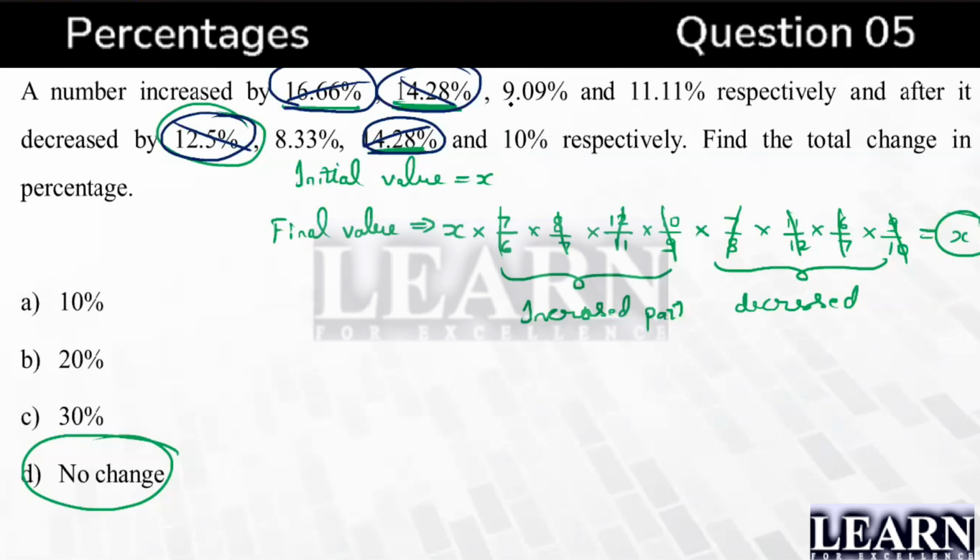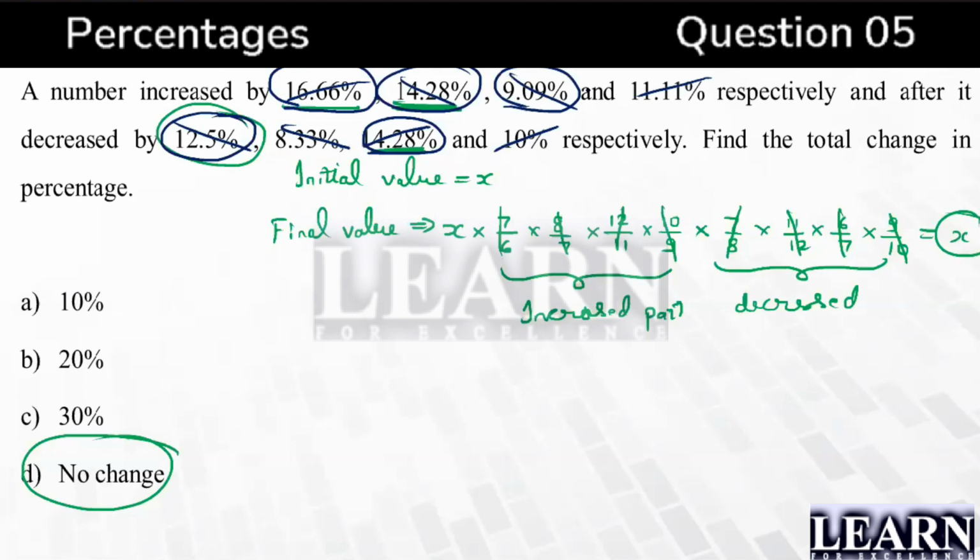If there is an increase of 1 by 11, there is a decrease of 1 by 12. I can cancel this and this. Similarly, if there is an increase of 1 by 9, there should be a decrease of 1 by 10. I can cancel this and this. Nothing is left out. There is no increase and no decrease at all. So the answer is 0. Net change is 0.